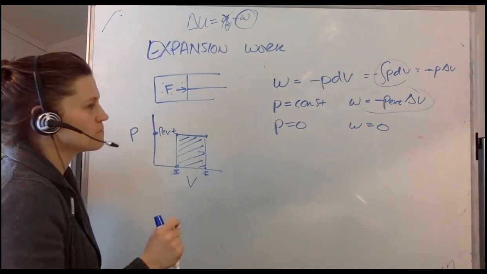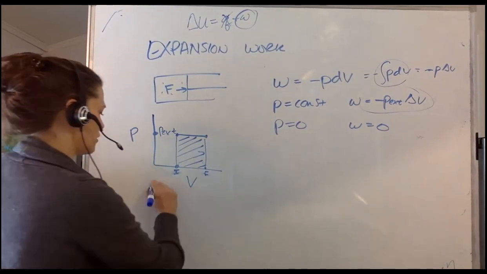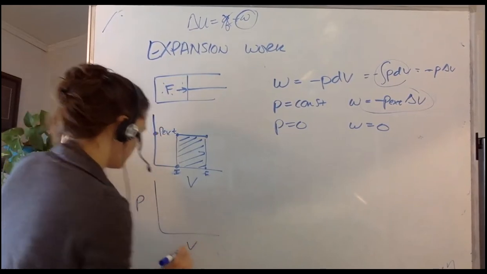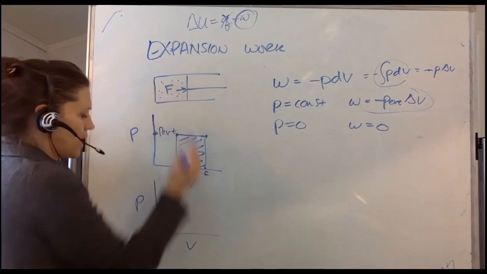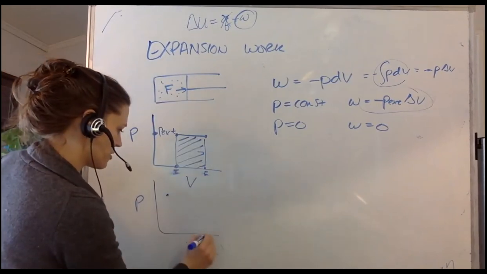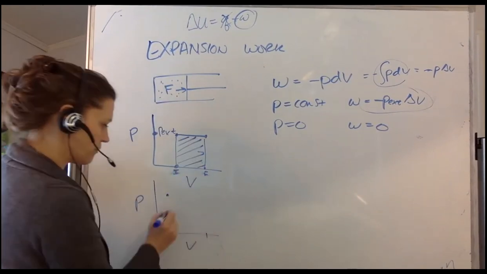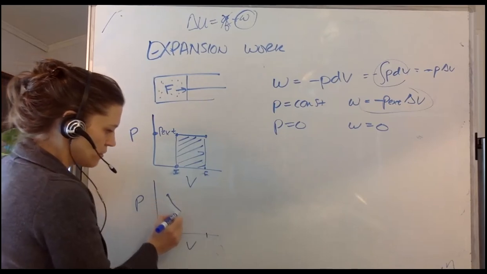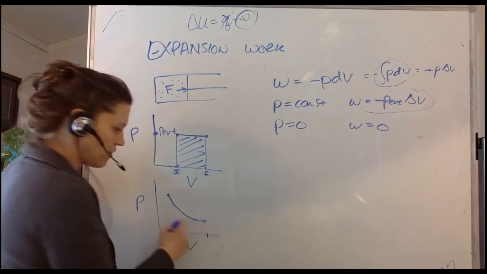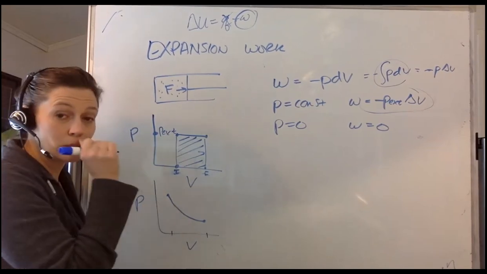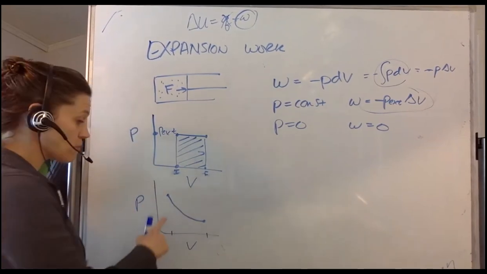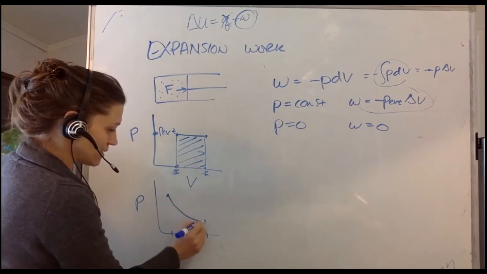If, however, I want to follow pressure volume for an ideal gas, and it's expanding from this volume to this volume, it's going to follow that isotherm, and I call it an isotherm because delta T is zero. So this is what the ideal gas law says.